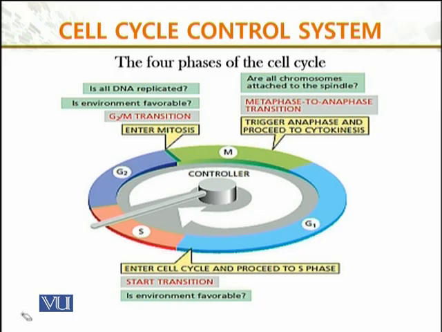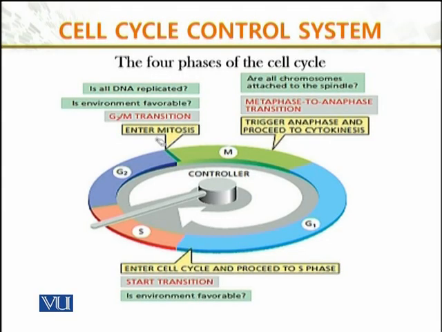Before S phase, the cell asks whether to enter the cell cycle and proceed to S phase. Then it goes to G2, and asks whether all DNA is replicated, and if the answer is yes, then the cell keeps on its cycle of replication.